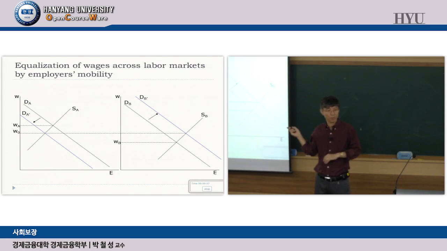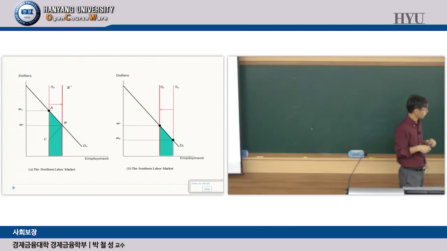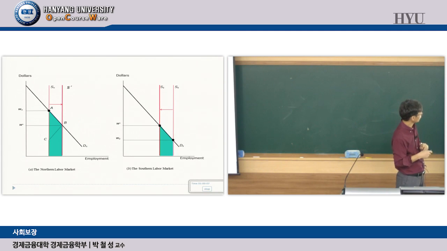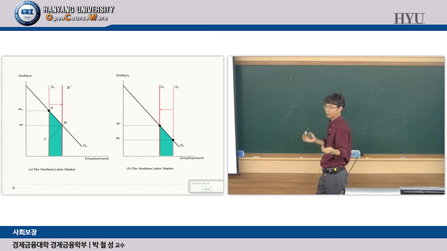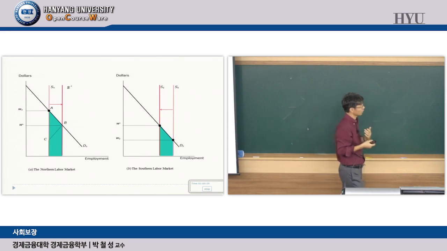So this is one implication of a perfectly competitive labor market. And there is a movement toward equalization of wages. And from the whole economy's perspective, or from a global perspective, moving is actually beneficial.